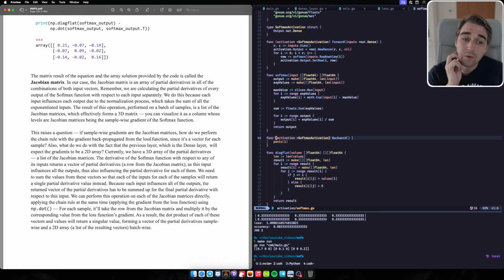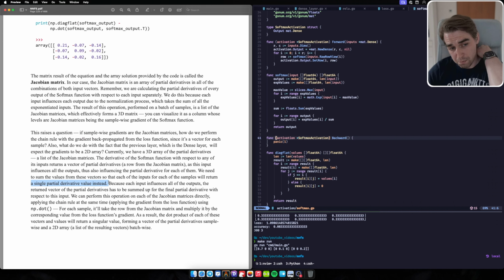The derivative of the softmax function with respect to any of its inputs returns a vector of partial derivatives, as the input influences all of the outputs. We need to sum the values from these vectors so that each of these inputs for each of the samples will return a single partial derivative value instead.